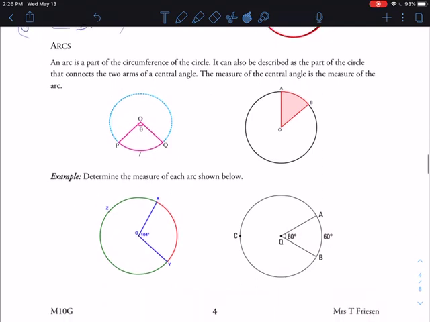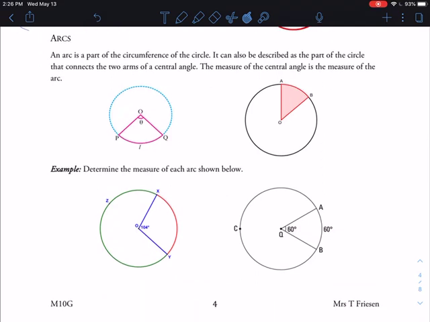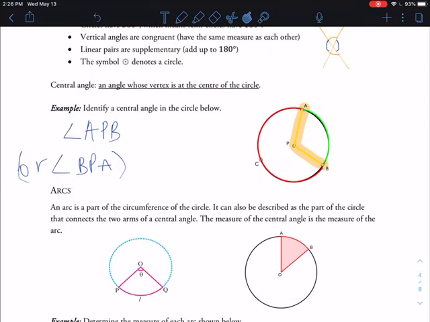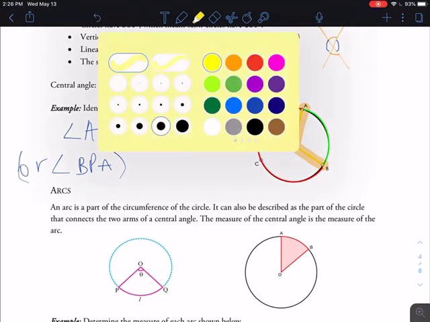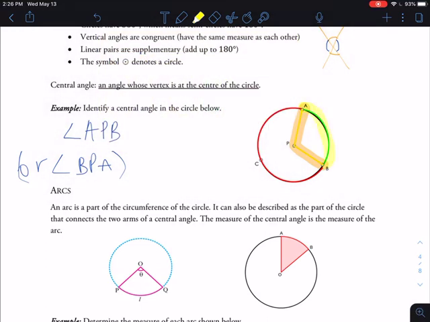All right, so now, to do with central angles, we have this thing called arcs. An arc is a part, or portion, of the circumference of a circle. We can also call the arc the portion of the circle that connects the two arms of the angle. So if you look back at this example, this angle that I've highlighted, you could connect the arms of the angle that way, and that green portion of the circle there would be the arc.